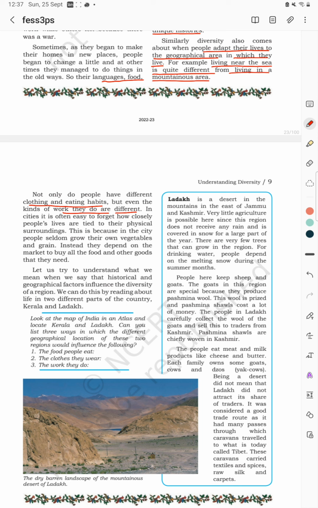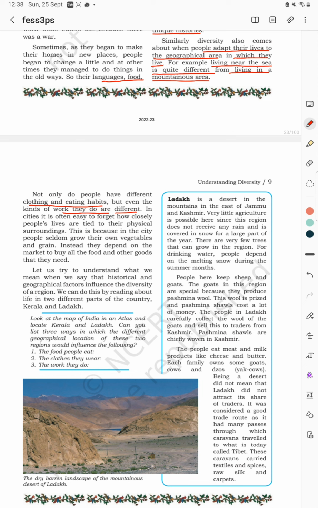In urban areas, as we have seen, their lives are tied to the physical surroundings because they do not grow the vegetables and grain on their own. They depend on the market to buy all the foods and other goods of their importance.